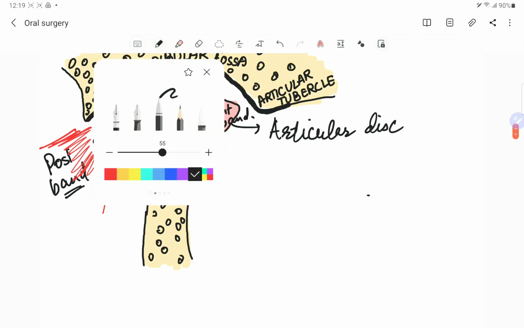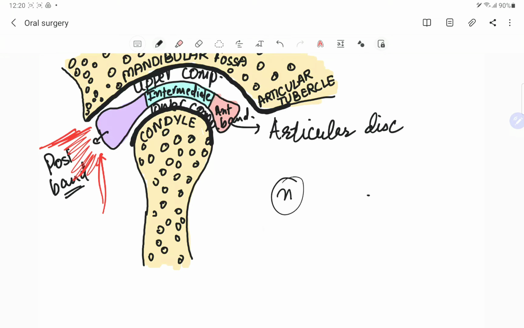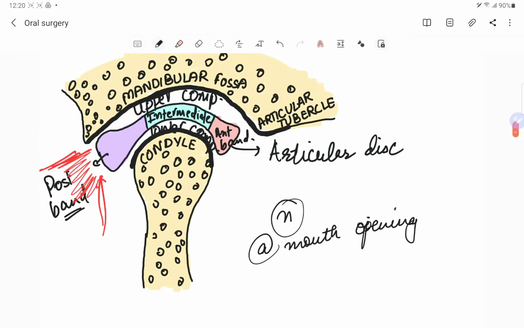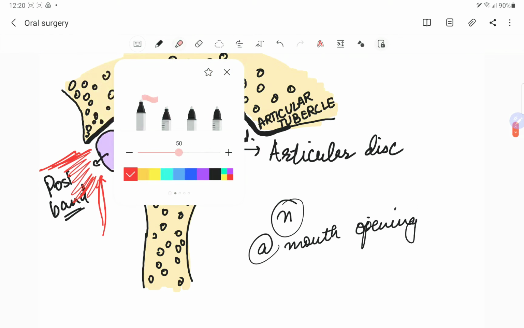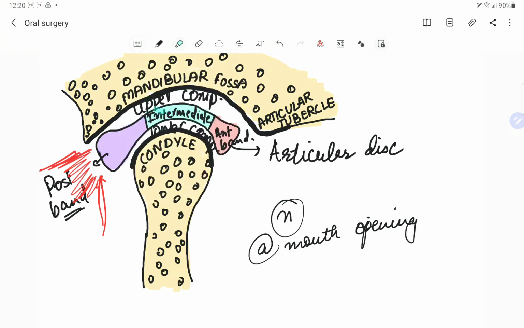So this is the normal positioning of the condyle at mouth opening, right? When a person opens the mouth, we see that the intermediate zone lies between the condyle and our mandibular fossa. This is what happens at normal mouth opening.